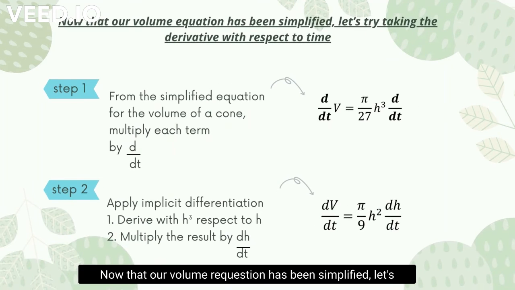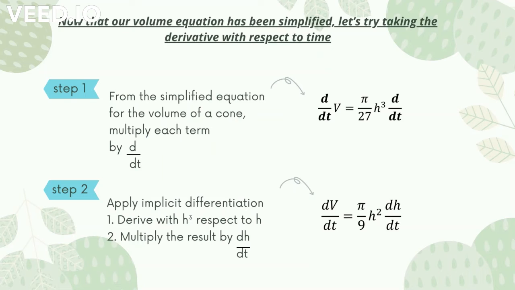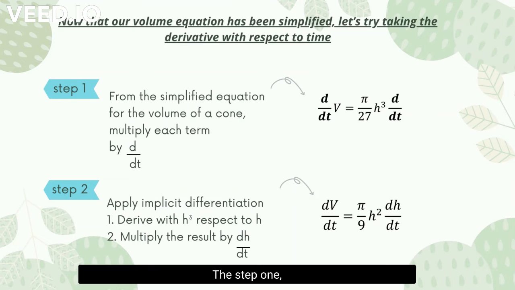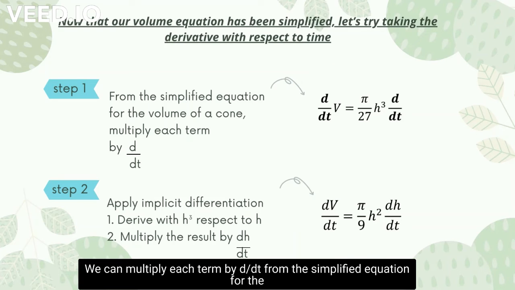Now that our volume equation has been simplified, let's try taking the derivative with respect to time. We can simplify. Step one, we multiply each term by d over dt from the simplified equation for the volume of a cone.